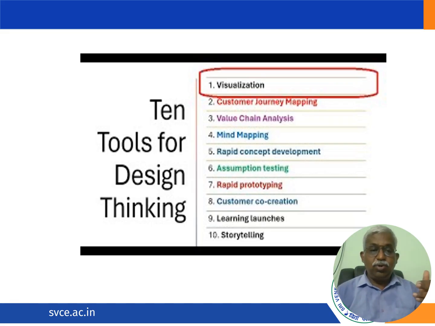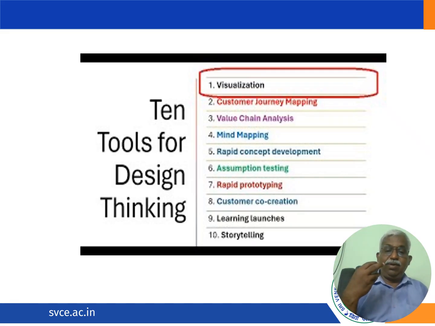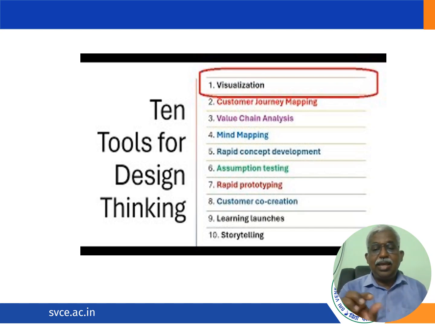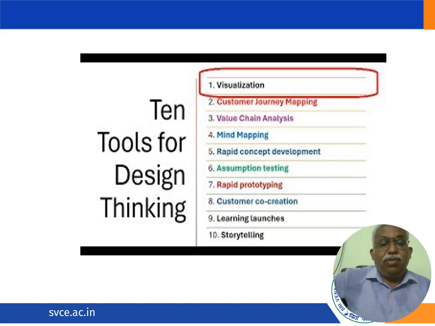These 10 tools for design thinking give much information, particularly for evaluation. Visualization itself gives much information. We have customer journey mapping, how customers take the product. In the user centric approach, what is their thinking process? Everything we need to evaluate.